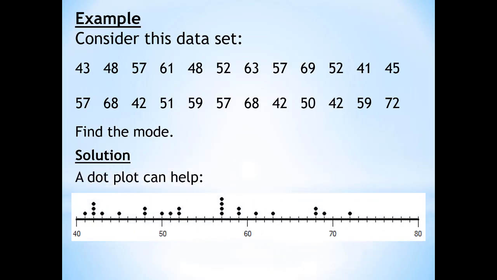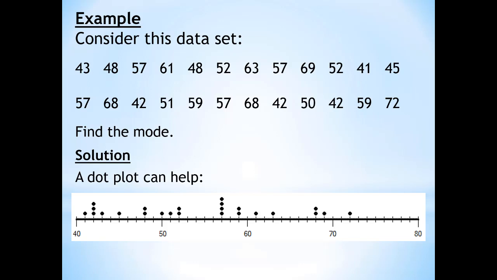You have a dot on the 41, 3 dots on 42, a dot on 43, a dot on 45, 2 dots on 48, a dot on 50, a dot on 51, 2 dots on 52, 4 dots on 57, 2 dots on 59, 1 dot on 61, 1 dot on 63, 2 dots on 68, 1 dot on 69, and 1 dot on 72.